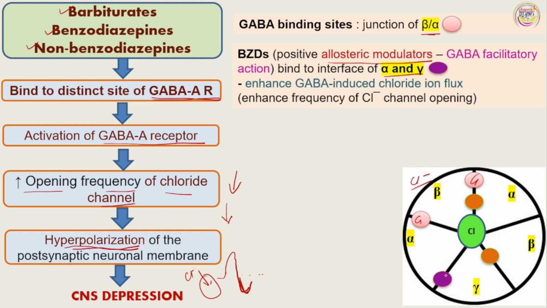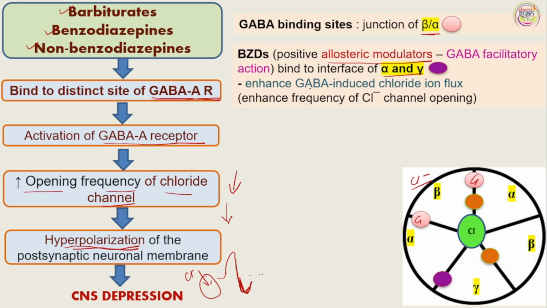These benzodiazepines bind to this GABA channel, but not at the same site where GABA binds. So that is the allosteric modulator, and it promotes the opening of the chloride channel.